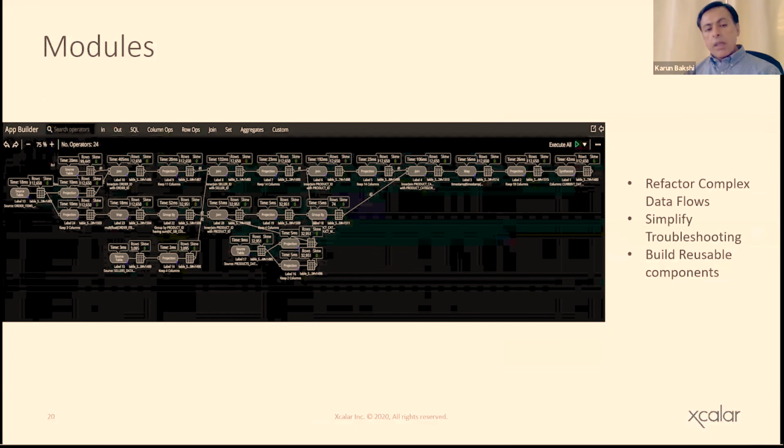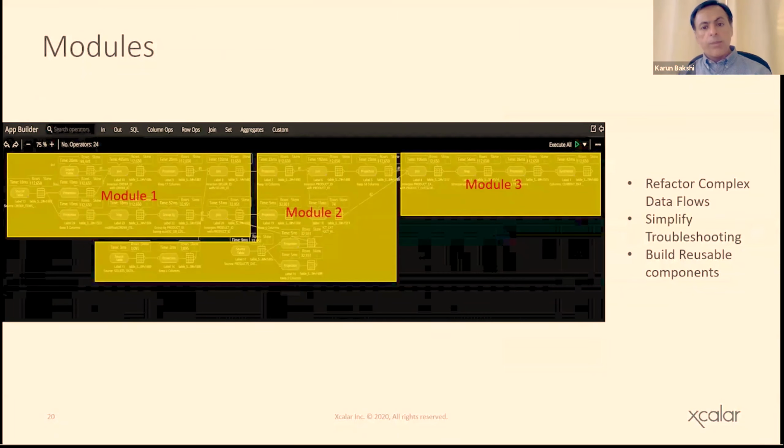Before we wrap up the concepts and demo section, I wanted to maybe spend a little bit of time talking about modules, because modules in Scalar, as you would imagine in any sort of technology where you're building things through code, the need to refactor and to modularize your code is really important, and it's no different in Scalar. As you can tell from the kinds of graphs that Josh has been working with, they can get quite complex.